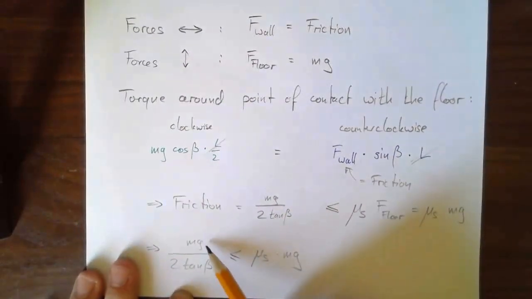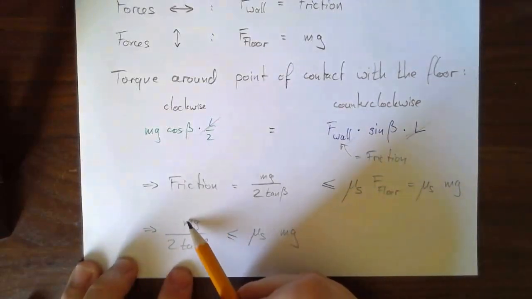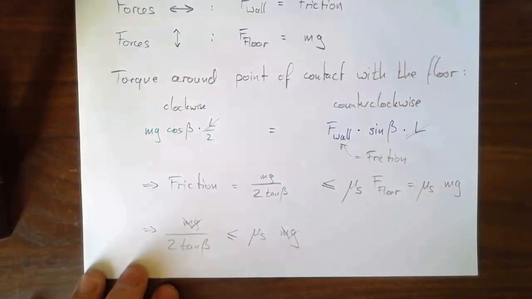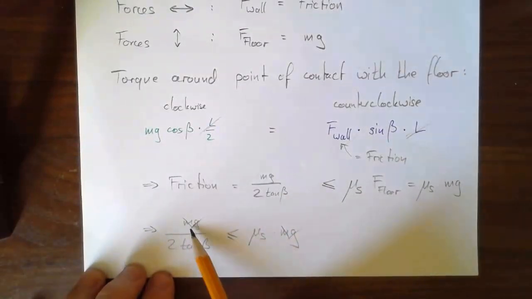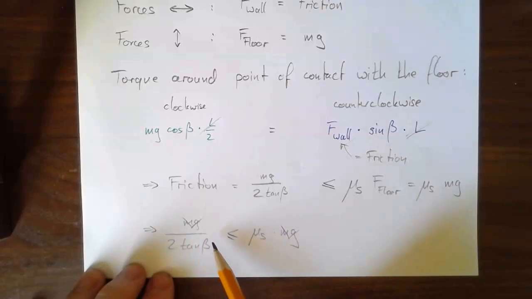Now that's nice. I can cancel out m and g. Interesting. What does that imply? Again, it's nice algebraically, but it also tells me that the mass of the ladder has no effect on at what angle it's going to slip.